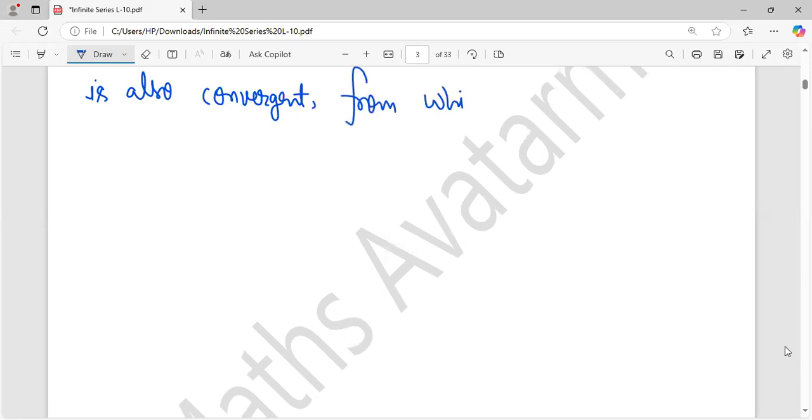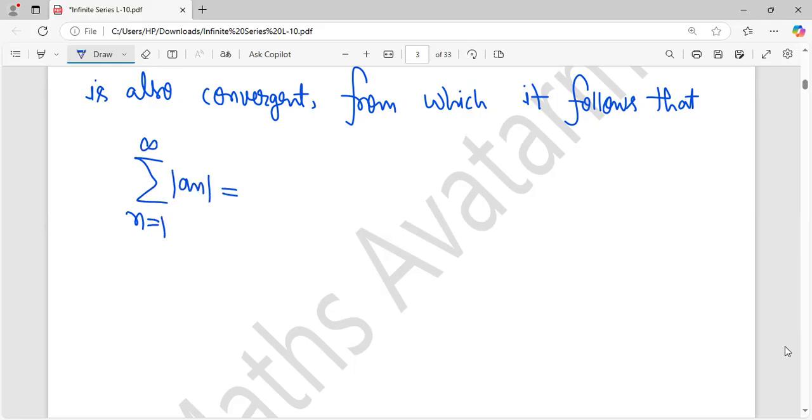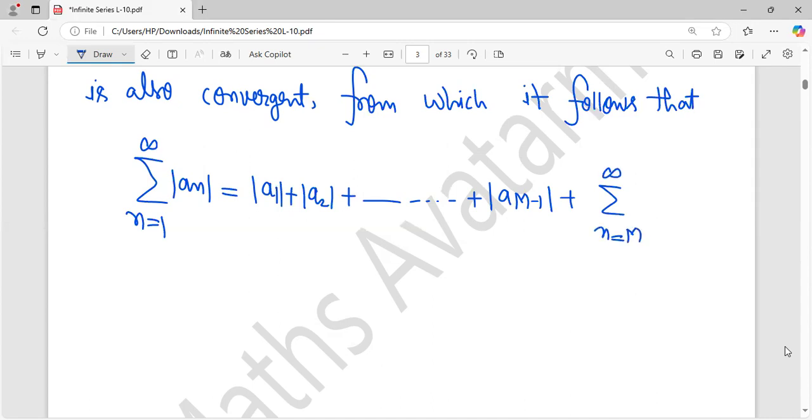From which it follows that the summation n goes from 1 to infinity of absolute a n, that is absolute a1 plus absolute a2 and so on, is convergent.